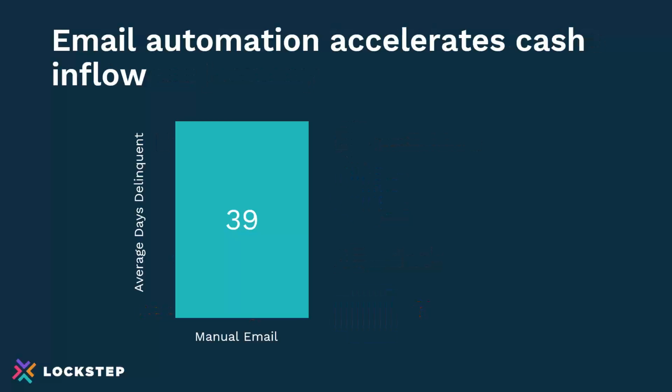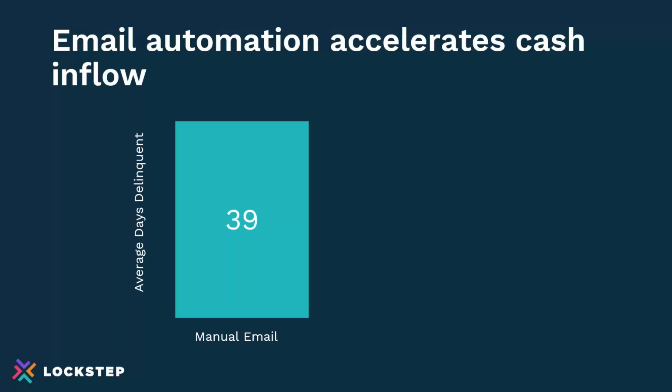And the reason this is important, we do benchmarks with customers a couple of different ways. We'll look at customers prior to going live with our AR automation solution, and then 6 months on, what does that look like? So we're constantly benchmarking within a customer and between customers. And here's what we consistently see.